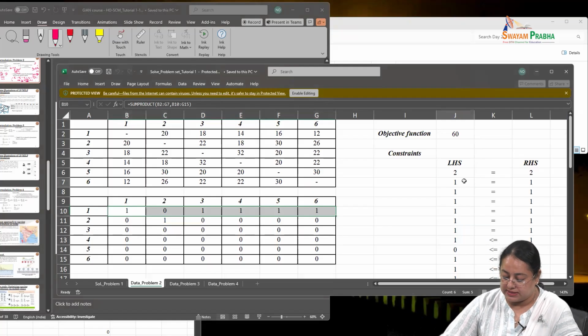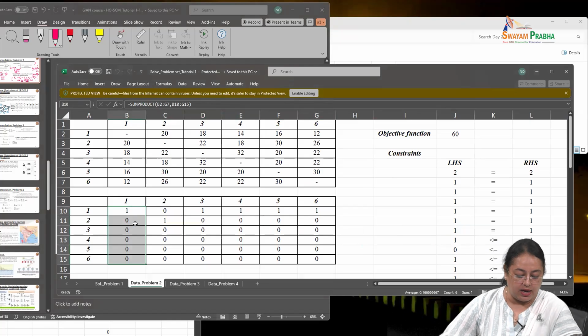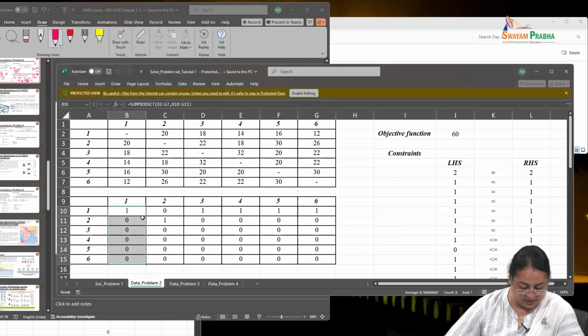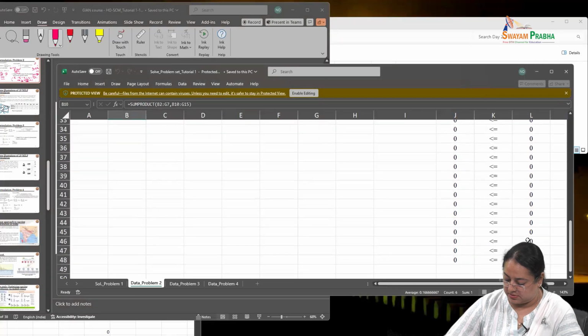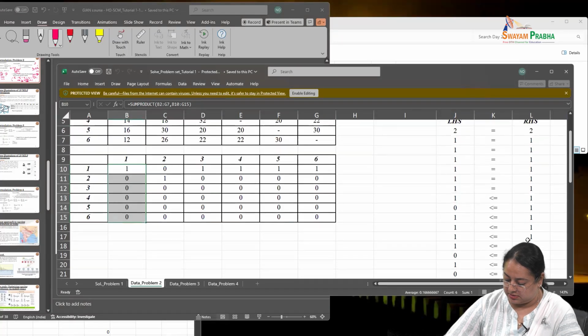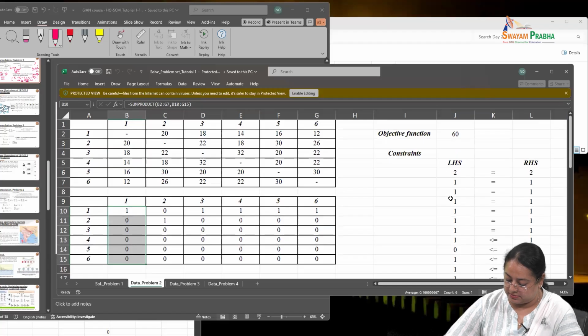Now you see here, for all i is equal to 1.